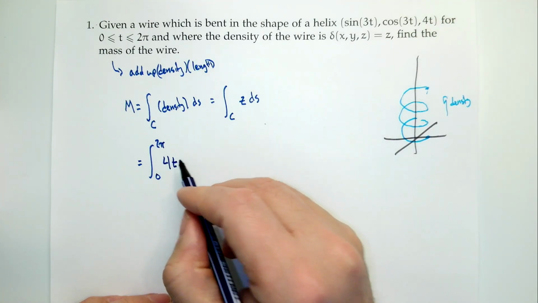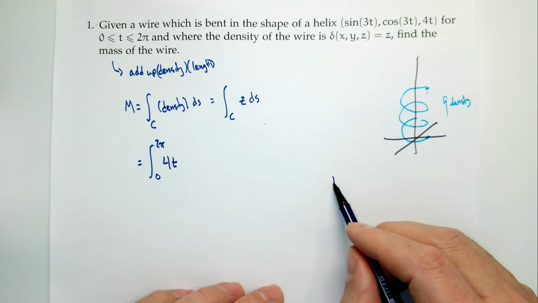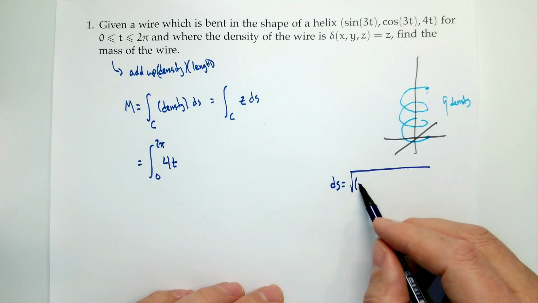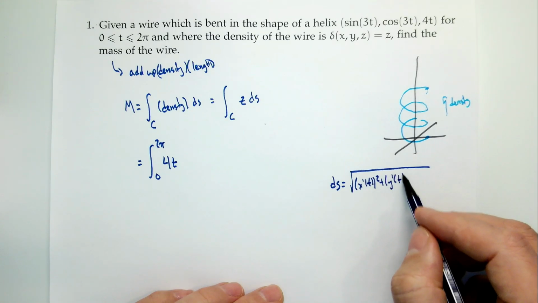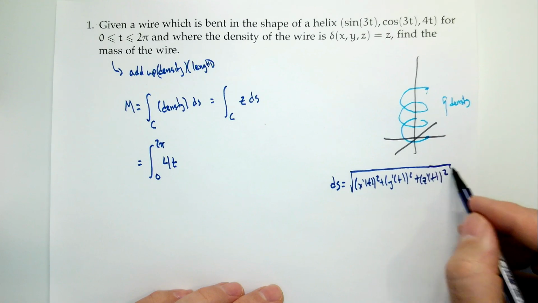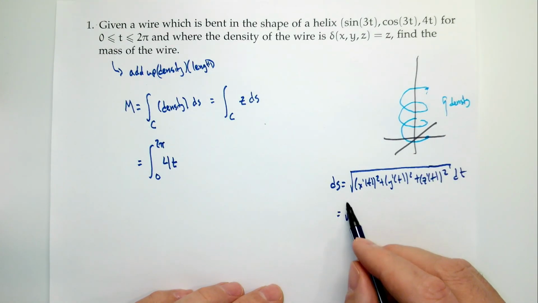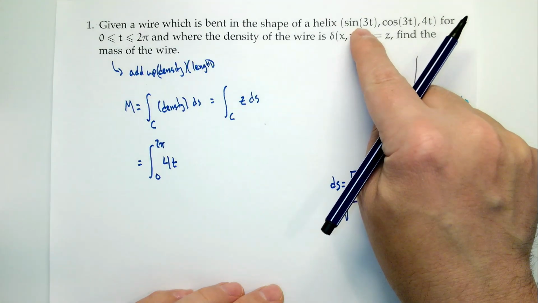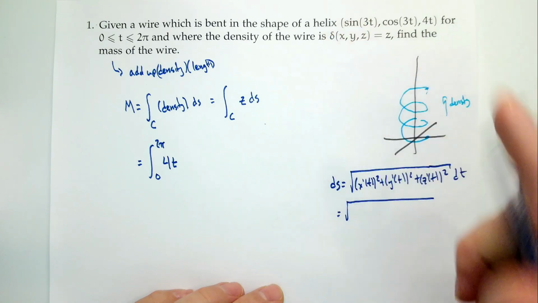So 4t. How about ds? Well, ds, the way you find that, that's the square root of your x prime squared plus your y prime squared plus your z prime squared dt. So, what will that be? Square root of, now, take the derivative of x, the derivative of sine is cosine 3t, and then there's going to be 3 out in front.